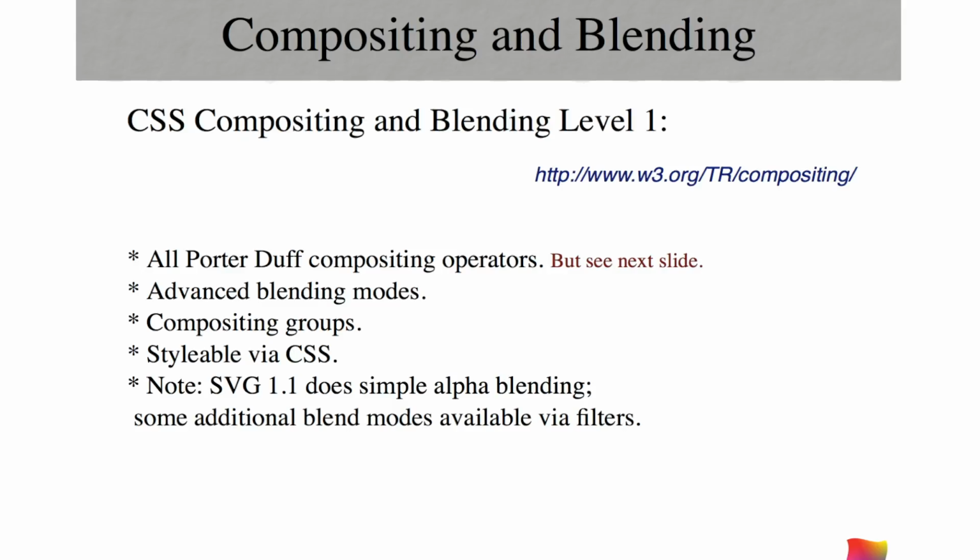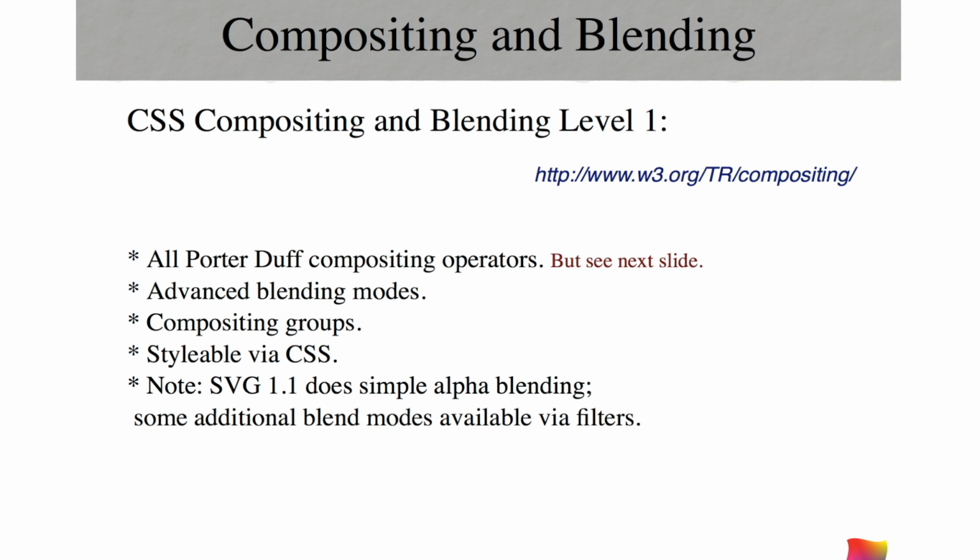Here's the CSS Compositing and Blending Level 1 module. It includes all the Porter-Duff compositing operators, but wait to the next slide before you get too excited about that. Advanced blending modes, compositing groups, and it's stylable via CSS. SVG 1.1 does simple alpha blending, and that's all the blending it does, unless you start using filters.